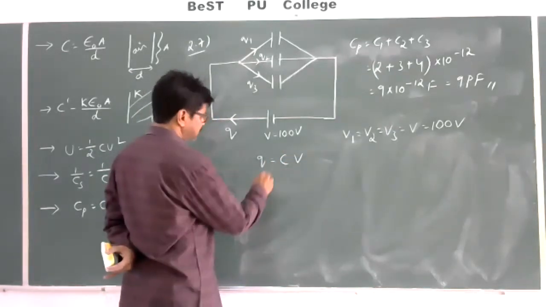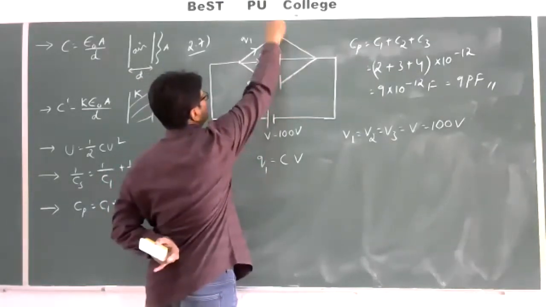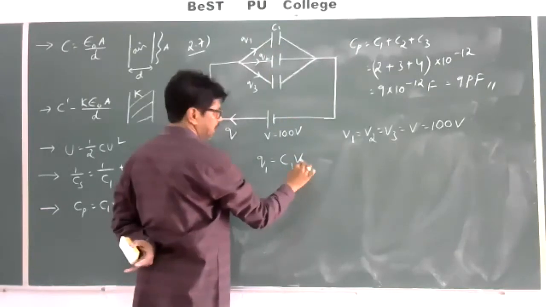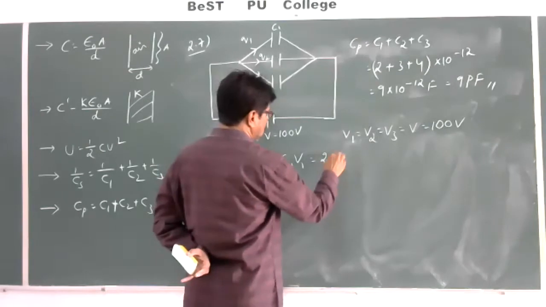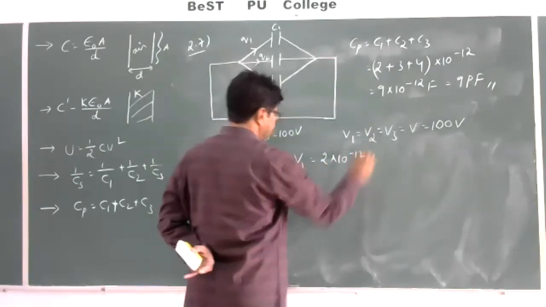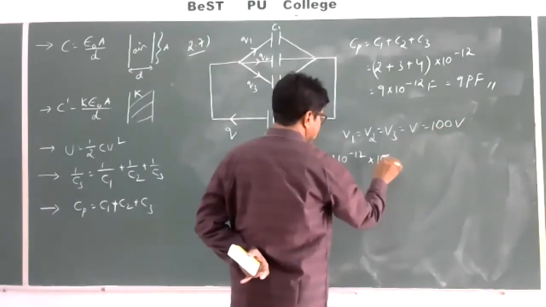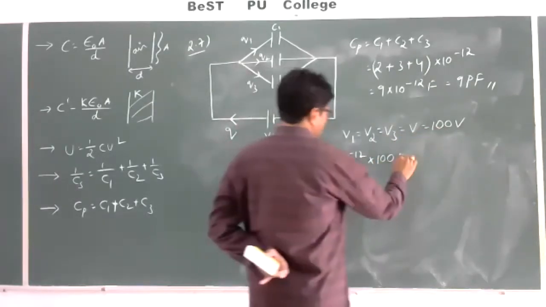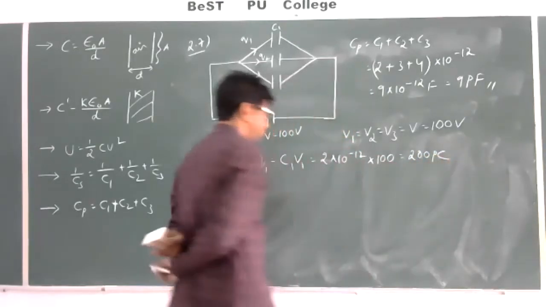Based on that, Q1 is equal to C1V1, where C1 is equal to 2 picofarad. V1 is equal to 100 volts, which is equal to 200 picocoulomb.